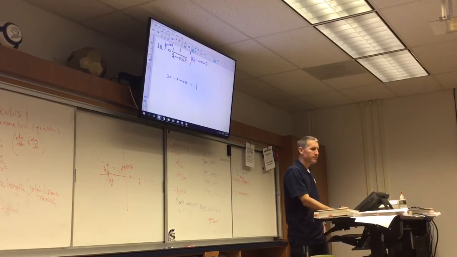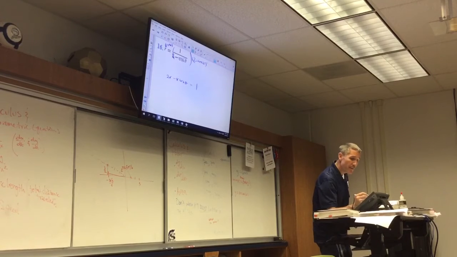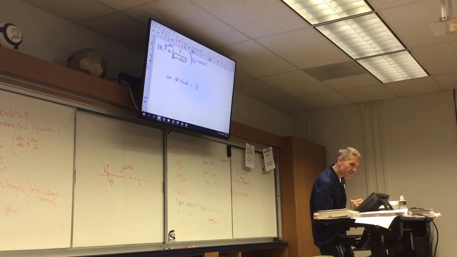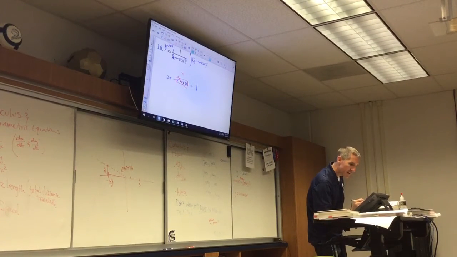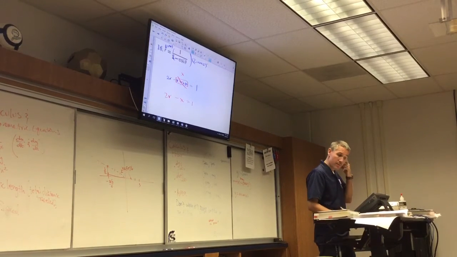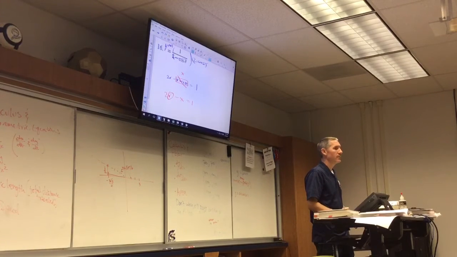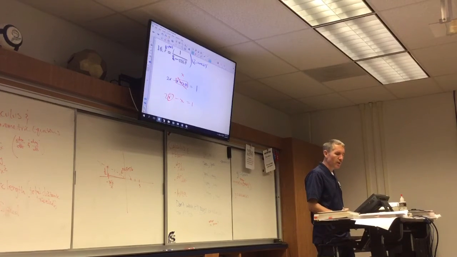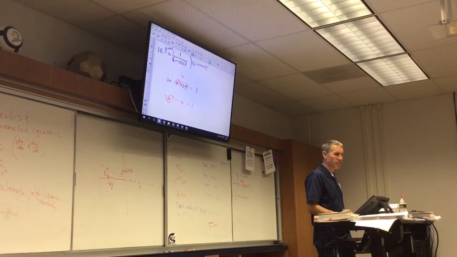You guys all see that? And then this r cosine theta is just what? X. So we have 2r minus x equals 1. But then there's this, right? So what could I do in order to turn that r into x's and y's?